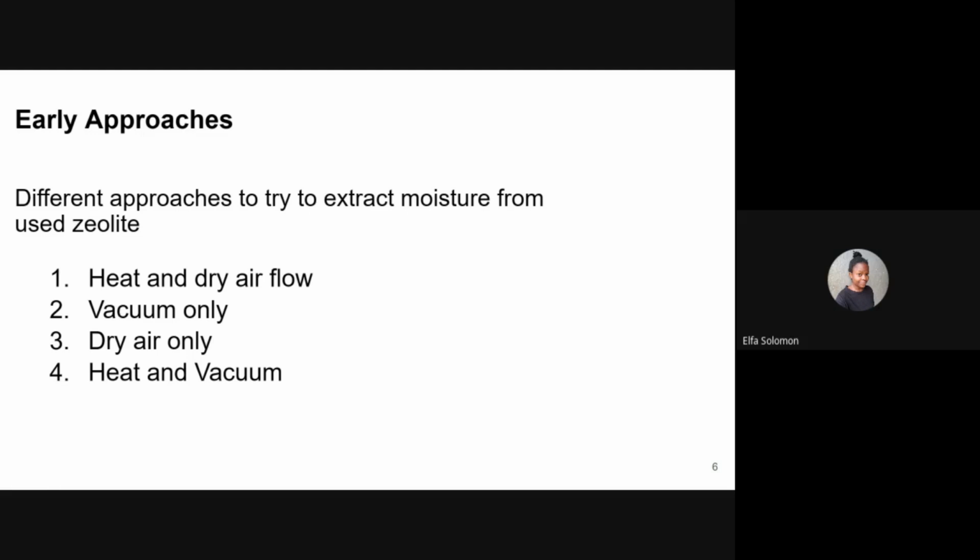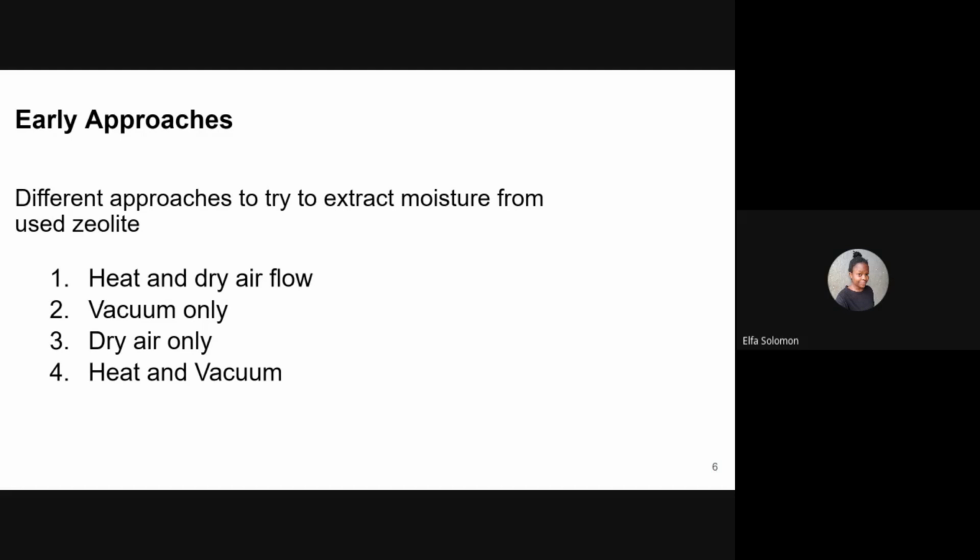So this afternoon, I'll be taking you through some of the approaches we had in the early days of the project before we were able to regenerate the zeolite. We experimented with different approaches to try to extract moisture from the used zeolite, of which some of the approaches brought in improvement in the performance of the zeolite, whilst others did not work.